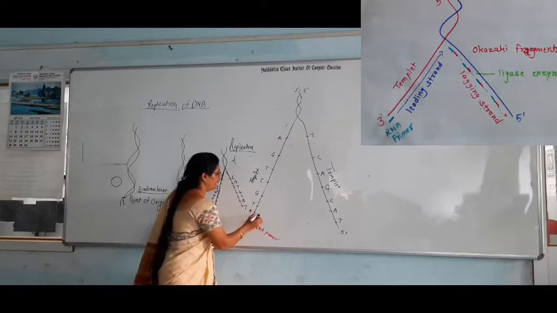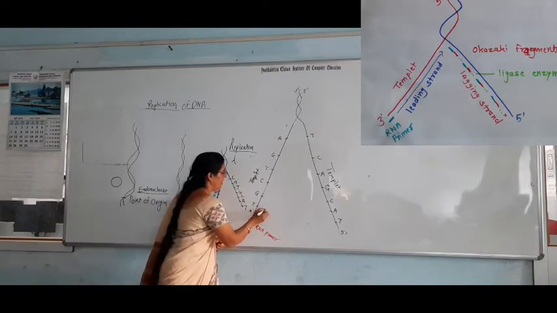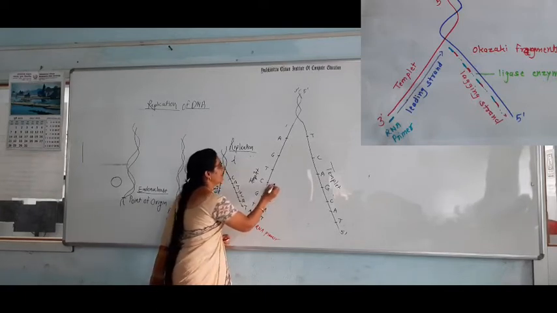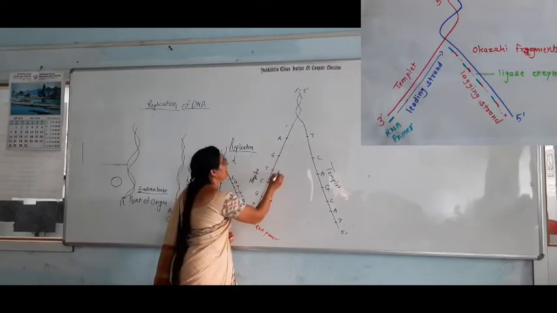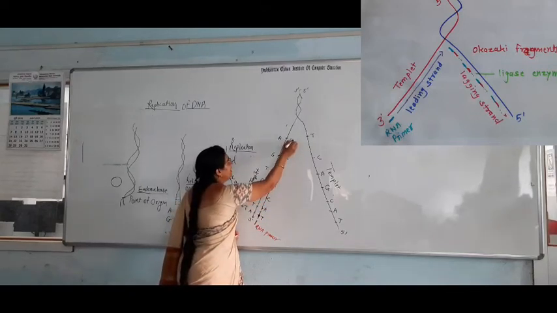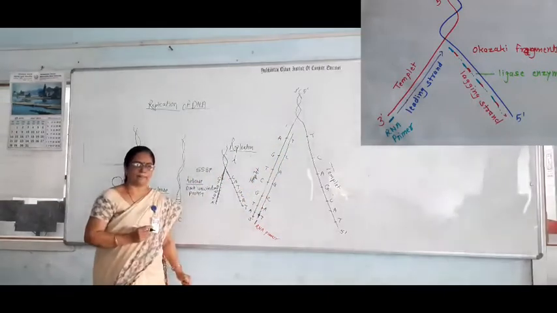Which one is the complementary to A? Hurry up. A, T, T, T, A. Again G, C, C, G, T, A, G, C, A, T, T. Like this, the new strand is produced.